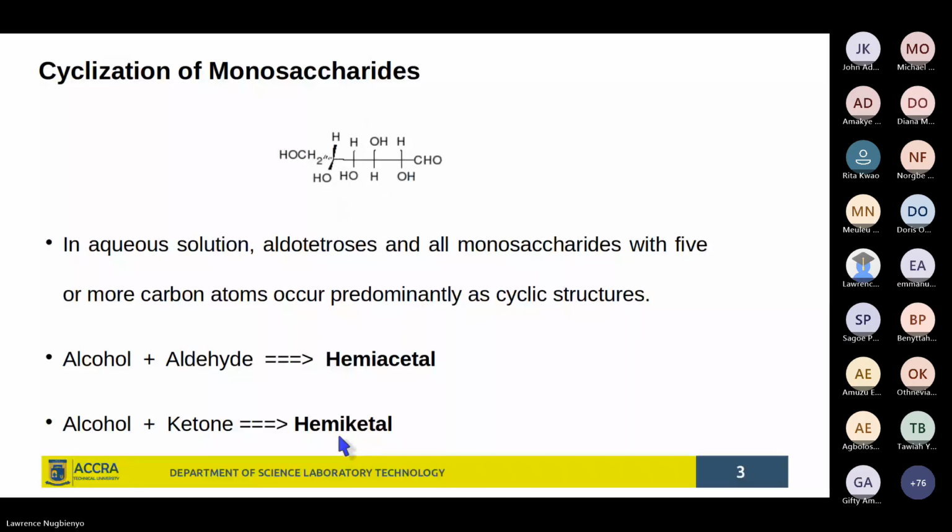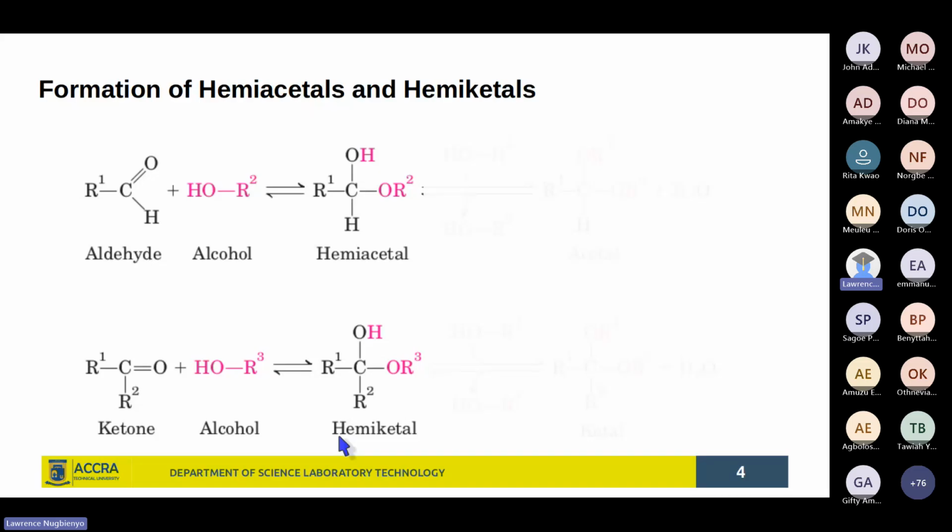Now let's dive in and look at how this reaction actually looks, more specifically, how the aldehyde group reacts with an alcohol. So you remember that aldehyde group, which has a carbon with a double bond to oxygen, and there's a hydrogen bonded on that carbon.